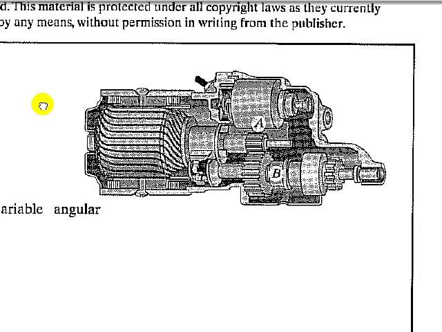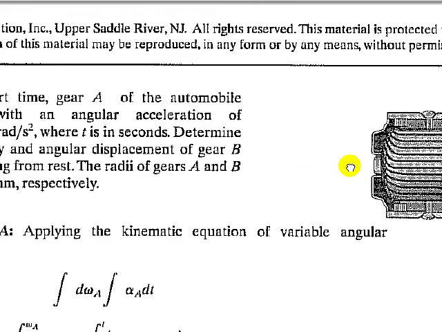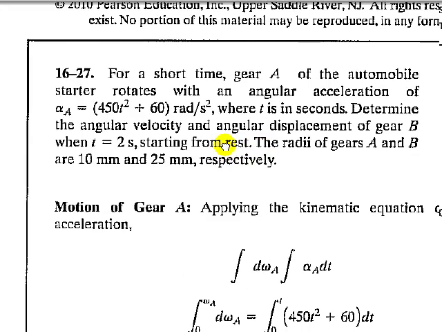This is an automobile starter. In this starter we have gear A driving a gear B, and then gear B is driving a smaller gear which would go out here and interact with a very large gear on the flywheel that would actually start this car. So we're probably in this case most interested in what's happening in the interaction between A and B. Let's read the problem statement.